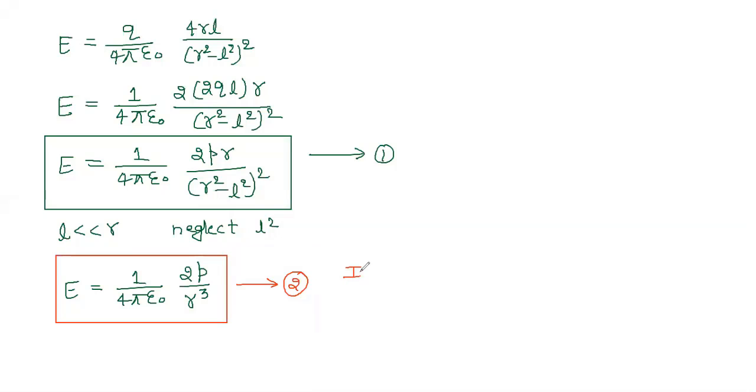In vector form, it will be E vector is equal to 1 upon 4 pi epsilon naught 2p vector upon r cube. There's one more thing.